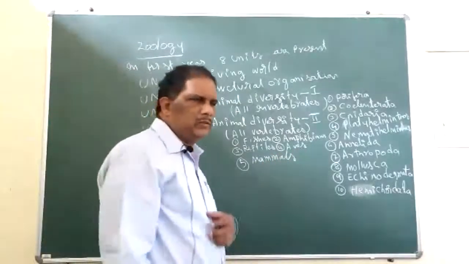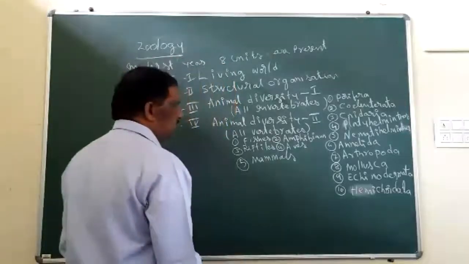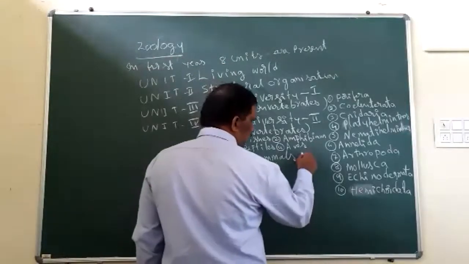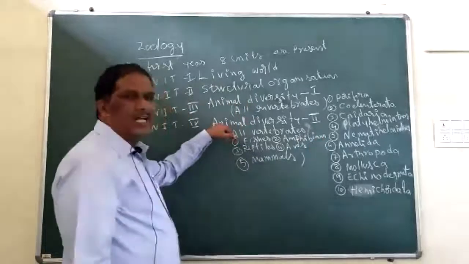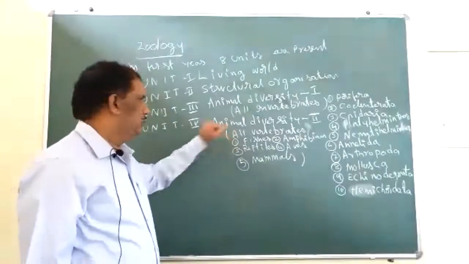So all these are vertebrate phylums belonging to animal diversity 2.